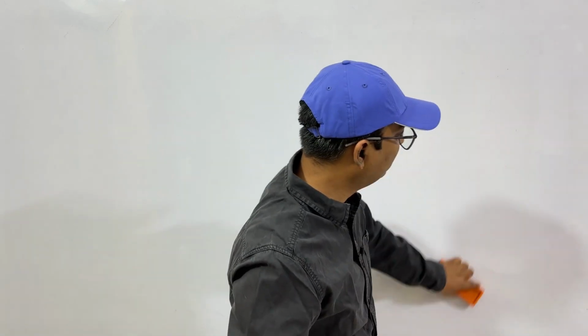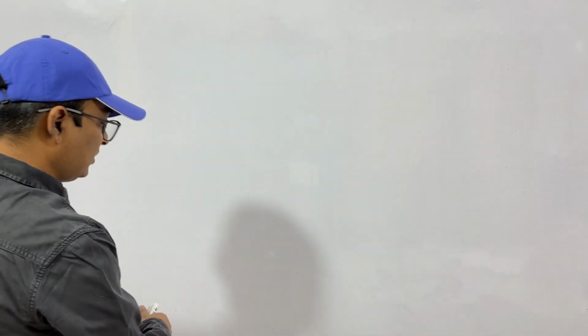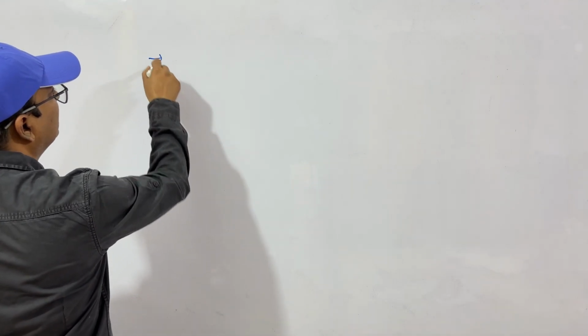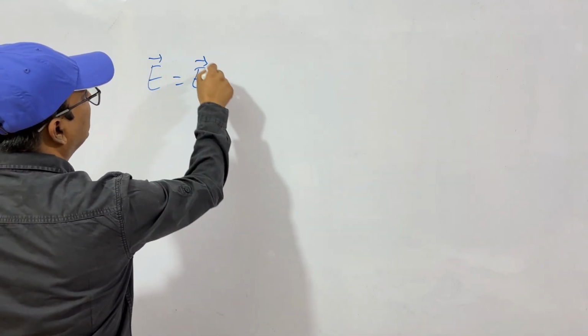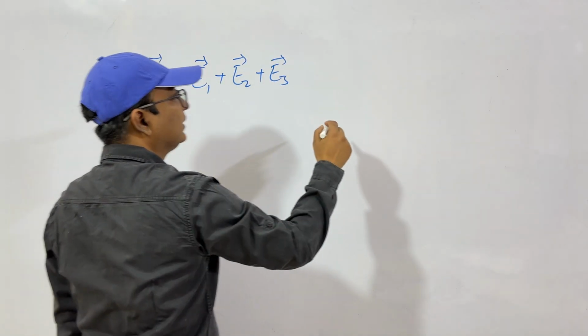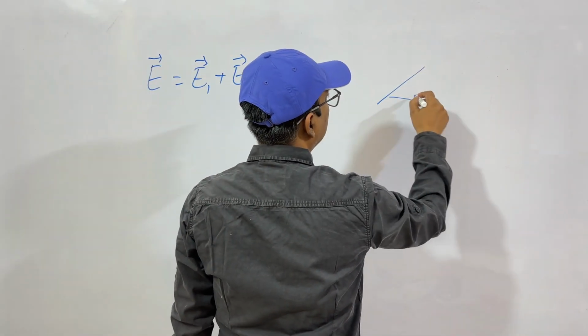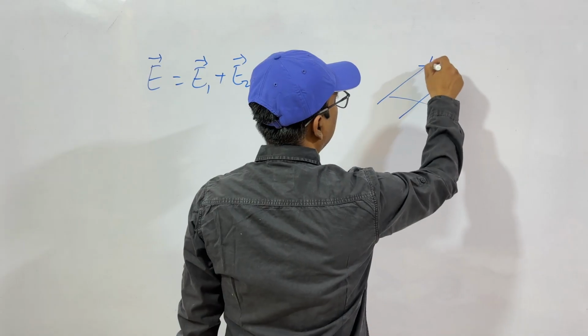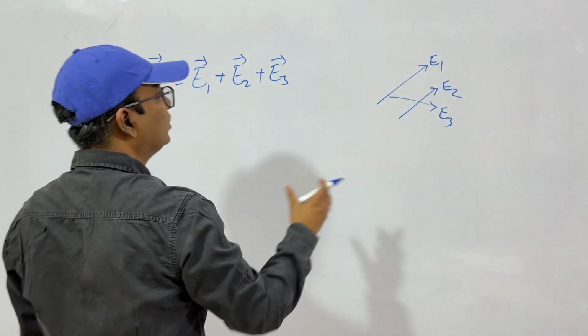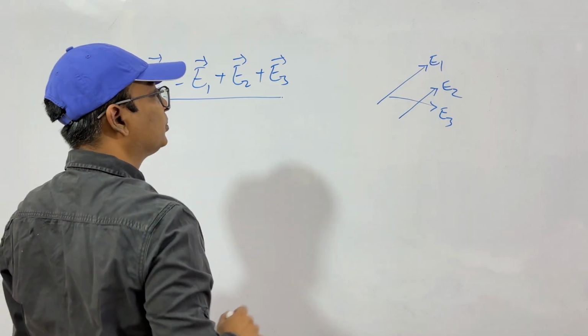The net electric field will be the algebraic vector sum of all the electric fields, that is, E1 plus E2 plus E3 and so on. If we have several electric fields in an area, let's say this is E1, this is E2, this is E3, like this. So this is the law of superposition.